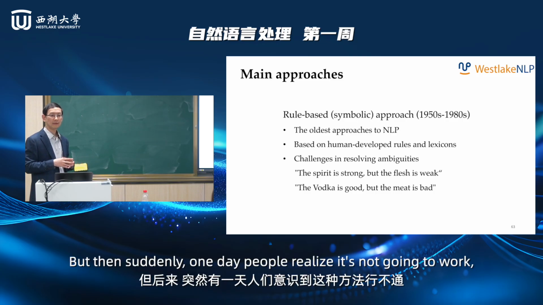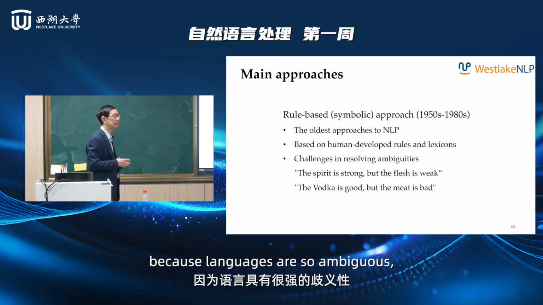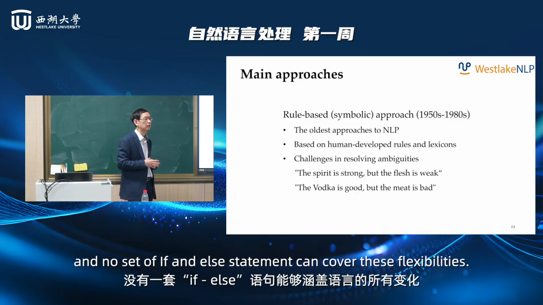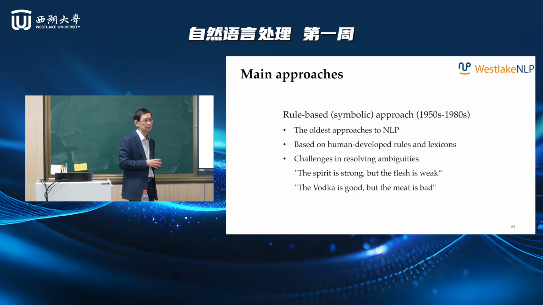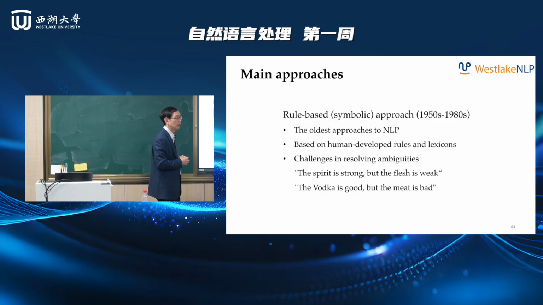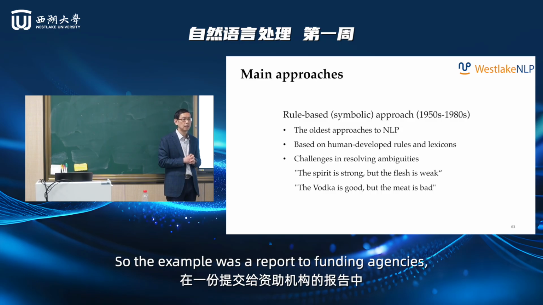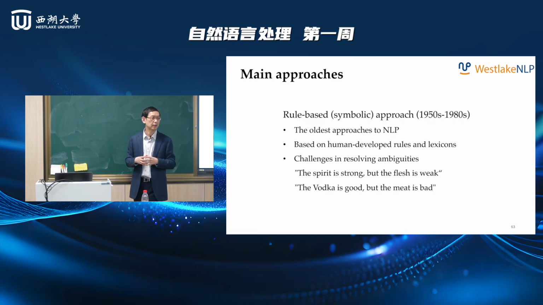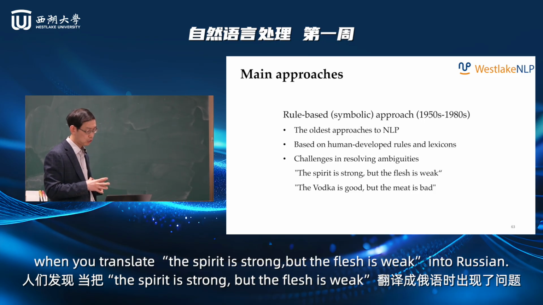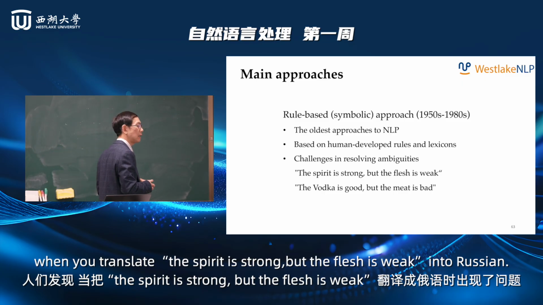But then suddenly one day, people realized it's not going to work, because languages are so ambiguous, and no set of if and else statements can cover these flexibilities, okay? There is a more famous example than the duck one I gave you. The example was in a report to funding agencies, in which people found that when you translate "the spirit is strong, but the flesh is weak" into Russian.